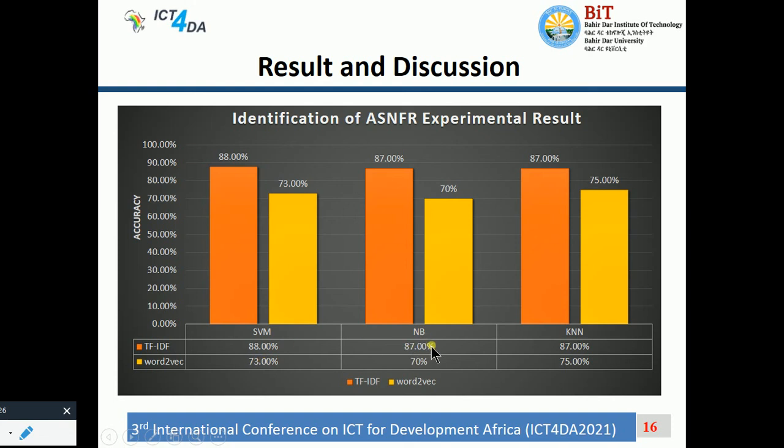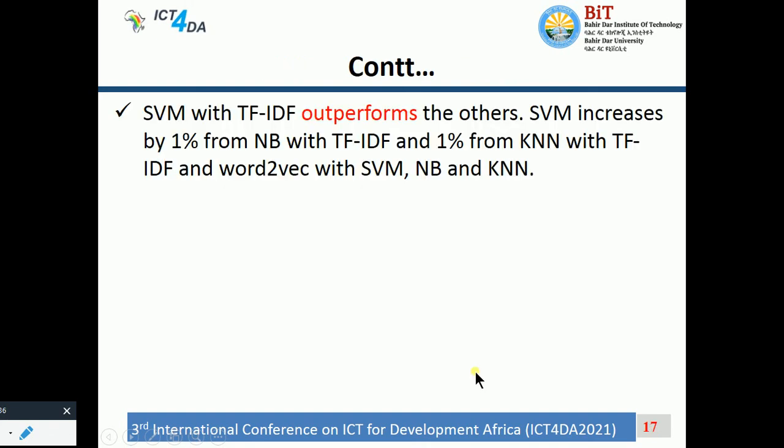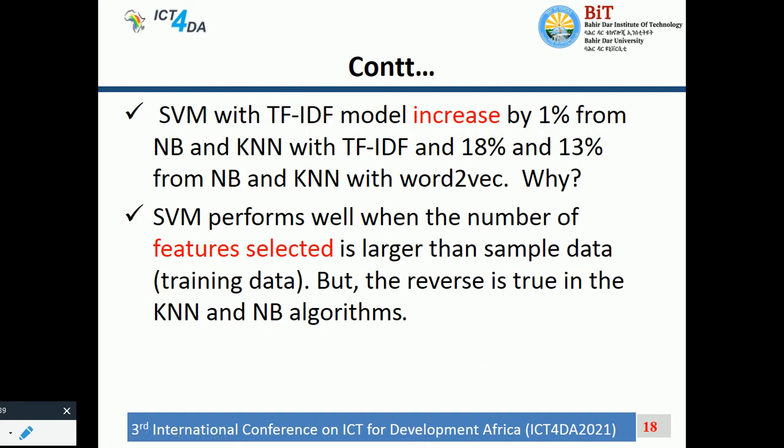Then NB gets 87% with TF-IDF, and KNN also performs at 87% using TF-IDF. So SVM with TF-IDF increases by 1% over NB and KNN with TF-IDF, and by 8% and 30% over NB and KNN with Word2Vec.